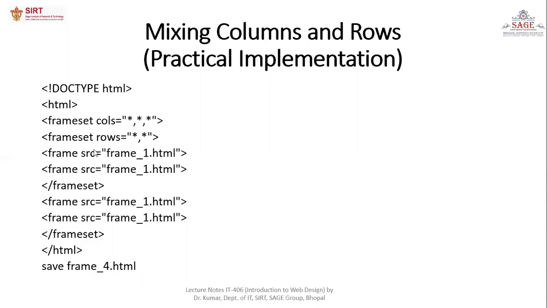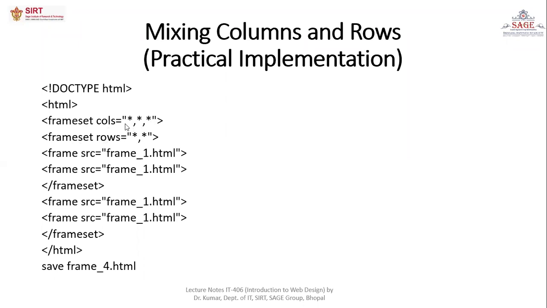Now see, this is the frameset ROWS, because I am doing the mixing of columns and rows here. In this practical implementation, earlier I took one example for the column and one example for the row. Now I am going to mix them. Frameset COLS is 3, so my web page is divided into 3 columns, and this is the frameset ROWS, so here I divide into 2 rows.